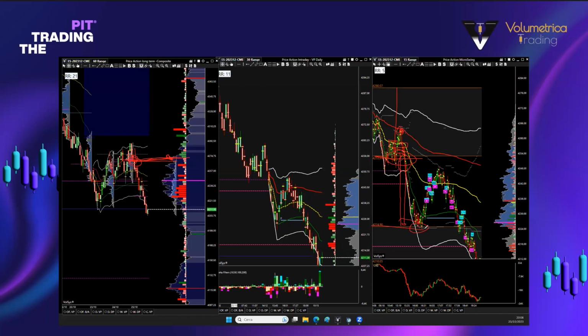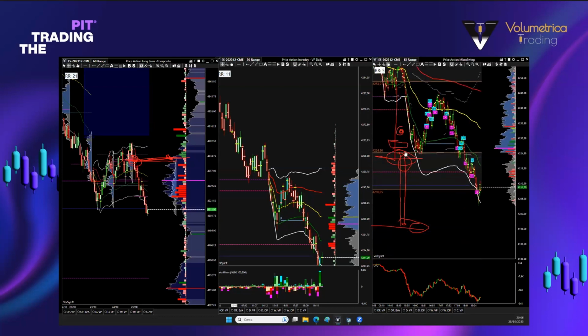For this reason, the S&P 500 continues to move to the downside, and as we can still see here on the composite profile, we have a flat area. That means that apparently this possible distribution area is supposed to end somewhere here.